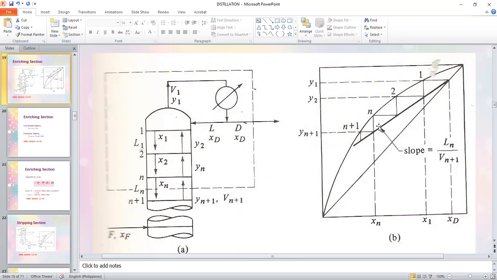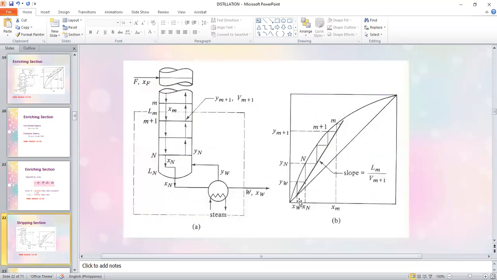Wherever is that intersection, you connect the point of intersection to the X sub W here of your stripping section. Then you will produce this line. So again, I'd like to emphasize that the stripping section operating line will only have one needed info, and that is the X sub W.